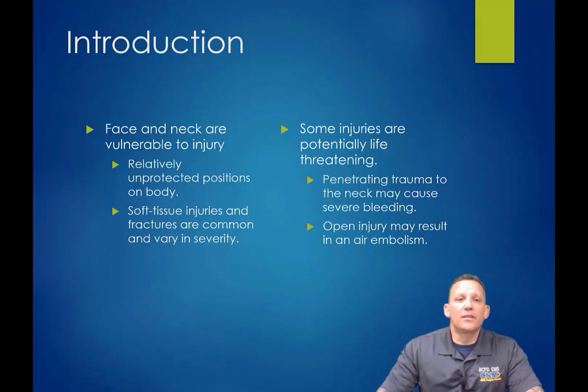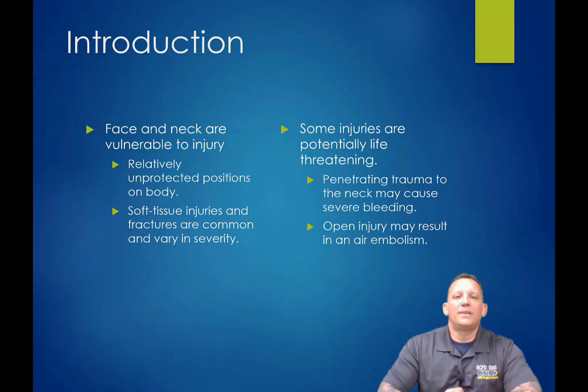So as the introduction says, the face and neck are pretty vulnerable to injury. It's relatively unprotected, and the soft tissues and fractures that are common can vary in severity, and something that may seem potentially minor could actually negatively affect a very important structure in the face, that being the eyes or something like that, or even in the neck, where we can injure something and compromise an airway.